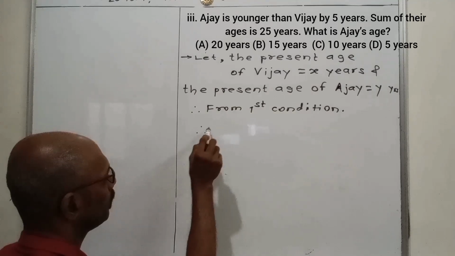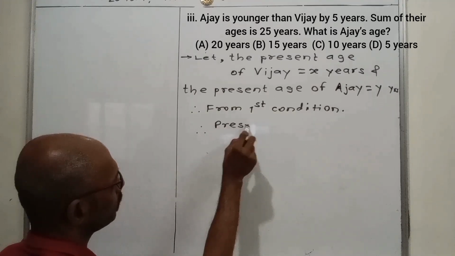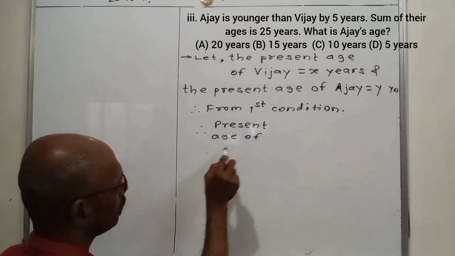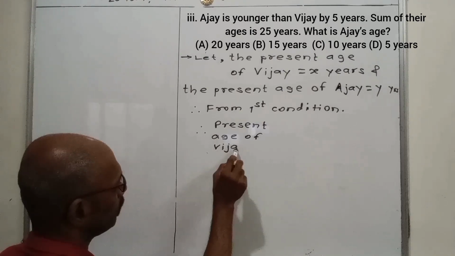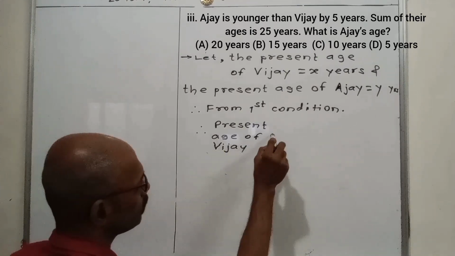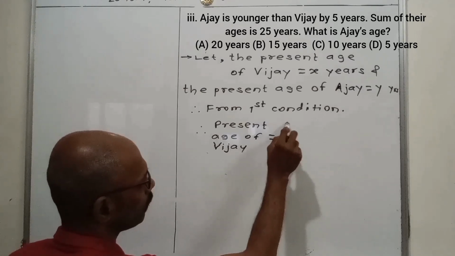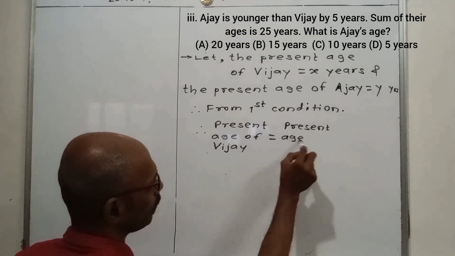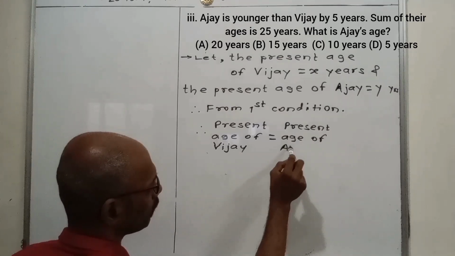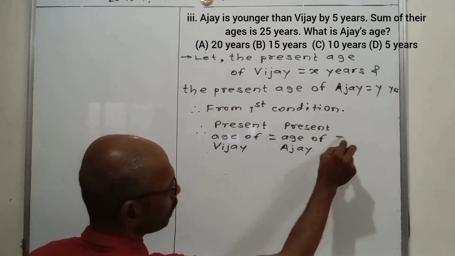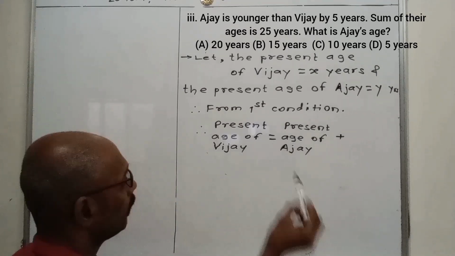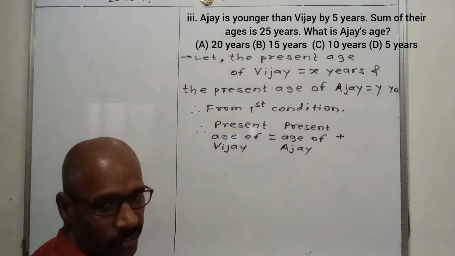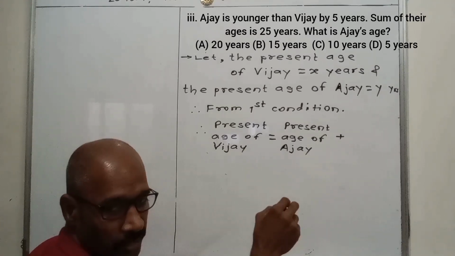Therefore, present age of Vijay is equal to present age of Ajay plus, younger, no, and Vijay is elder, and Ajay is younger.